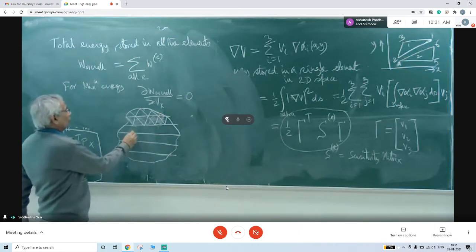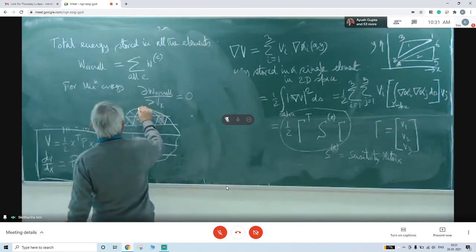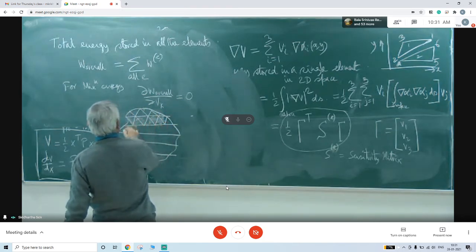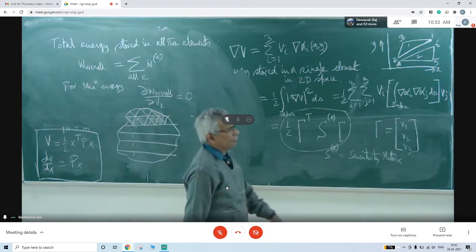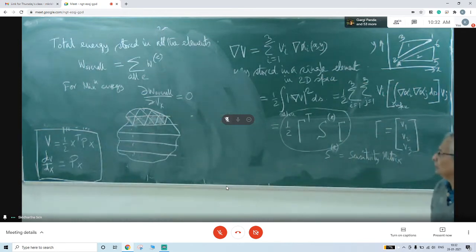So it can go for all the things here. This is k equal to 1, 2, 3, 4, 5, 6, 7, 8. In this way, we just club all the potentials there. And definitely for the whole region, the minimum energy is there.